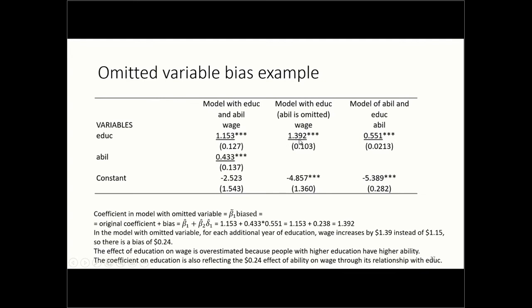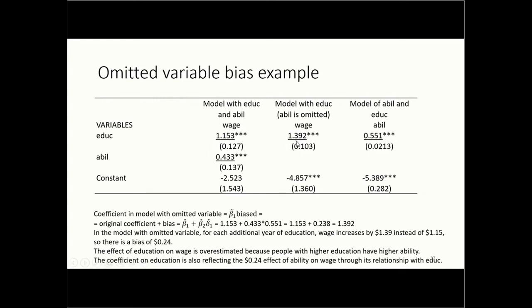The way we would interpret this coefficient is that if education increases by 1 year, our wage would increase by $1.39. So notice how now we are overstating the effect of education on wages from what we had before. Now we're going to say that education more strongly influences wages.